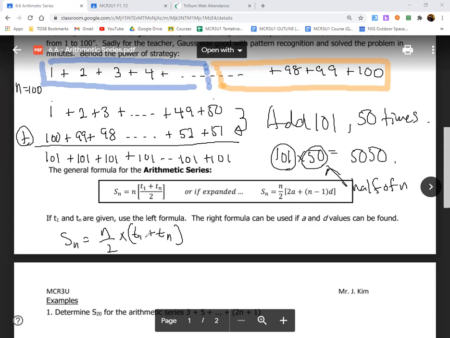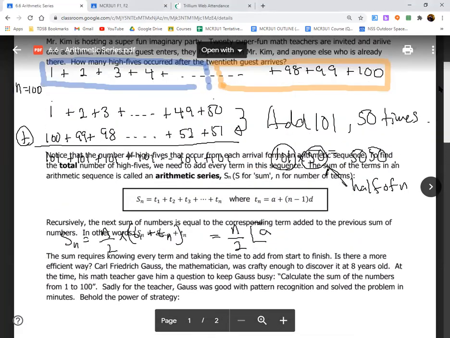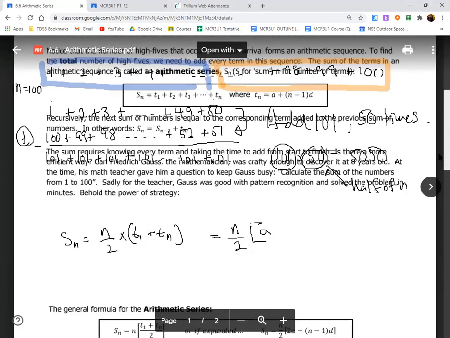And let's hash it out. If you remember, what is the formula for T1 in terms of A and D? Because this is arithmetic, you can write T1 as A, because the first number is A. And what was our definition for Tn? If you look above, Tn is equal to A plus (n minus 1)d.